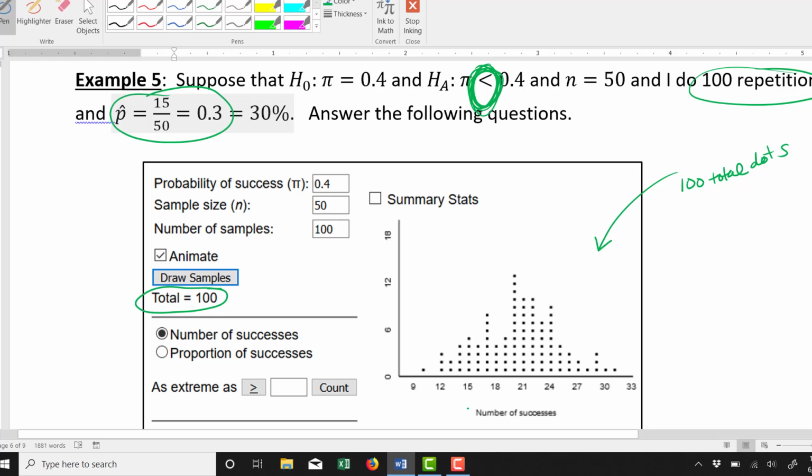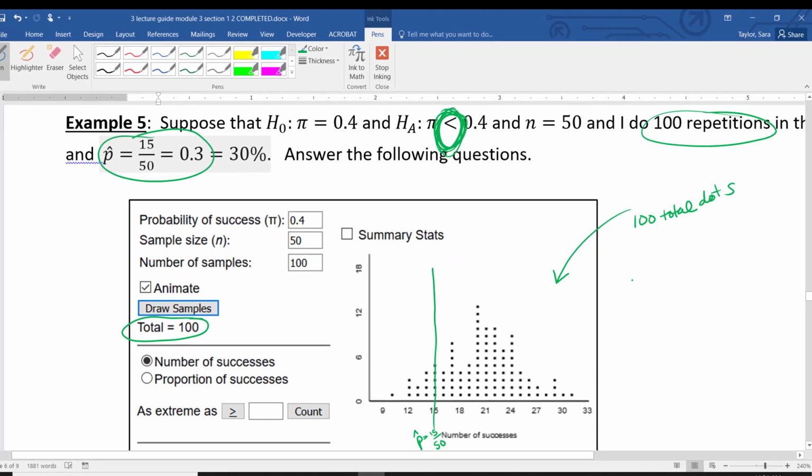So that's right here. I'm going to put a vertical line right at where our p-hat is, and I'll label that. My p-hat is 15 out of 50. There it is. And now I'm going to count the sample statistics that are like mine and lower.